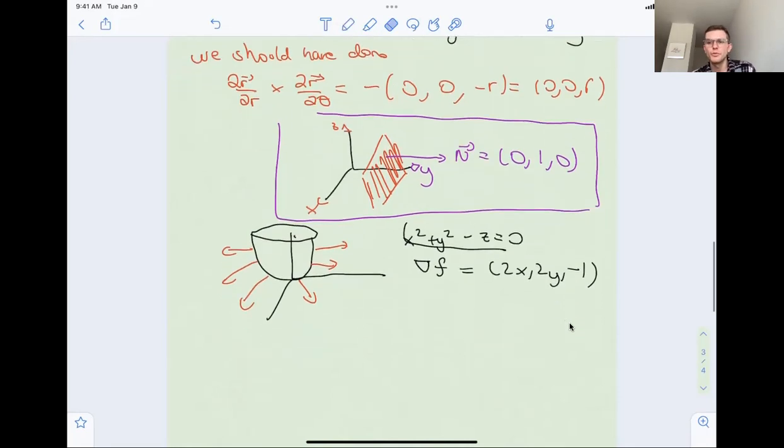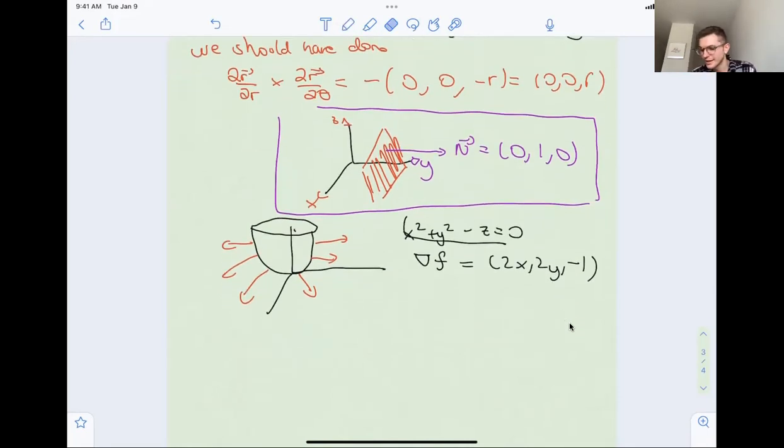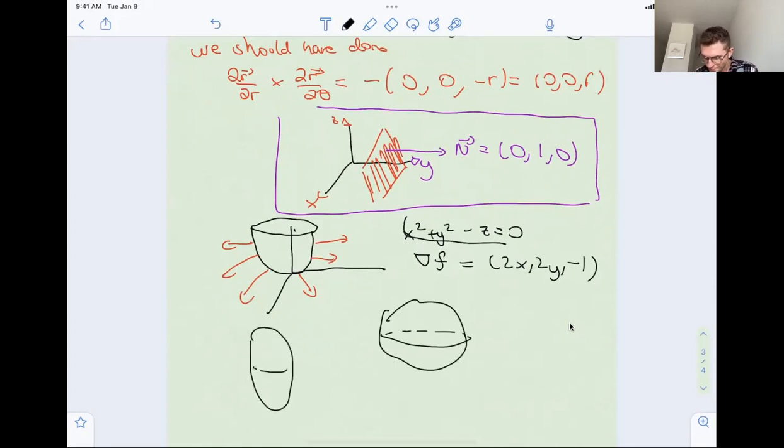In fact, I'm about to say this in a couple of minutes. Really, the surfaces that we really care about are the ones that are closed. By that I just mean something like a sphere or like an egg, right? Or like a cube even, although a cube really counts as a bunch of surfaces, one for each side. But imagine that you are thinking of all of them together.